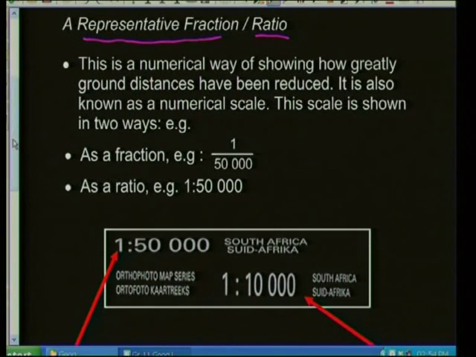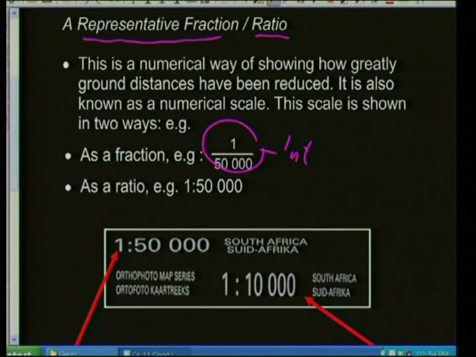We hardly get these shown on our maps, the fraction scale, but sometimes you use fraction scale for intervisibility, which we will talk about later. It'll pop up later. Most occasions on our maps, we get the ratio scale.